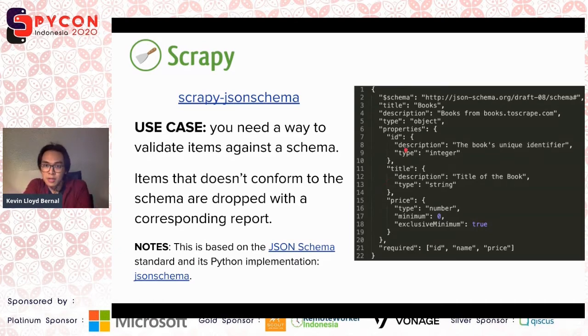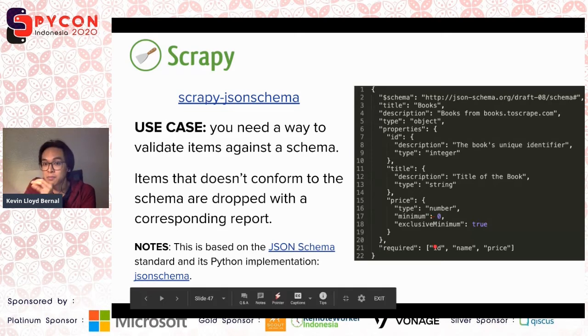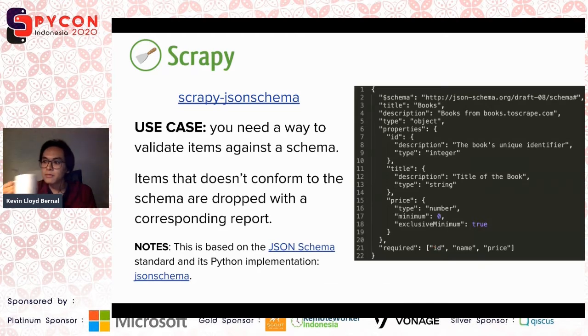Suppose we're crawling ID, title, and price. You're able to declare the type for each field here. For ID, it's integer. For title, it's string. And for price, it's number. For numbers, you could also declare minimums. And for a given item, you could also declare the required fields that the item must possess to be deemed valid.